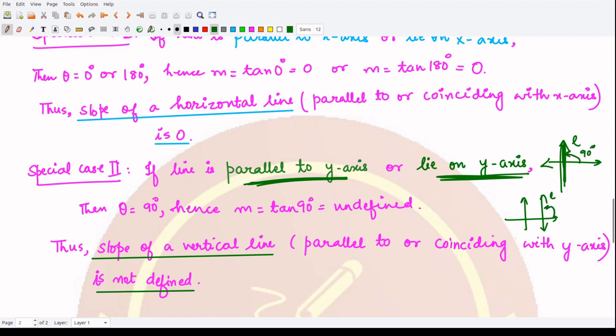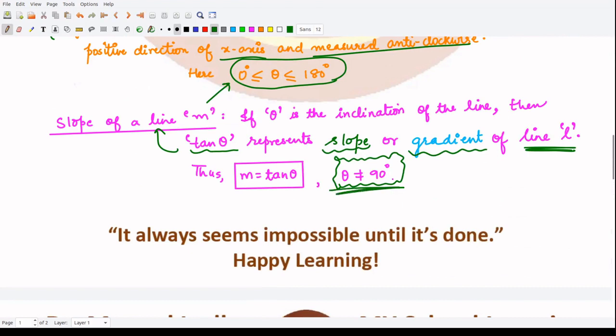Here also it would be 90 degrees. Hence you see tan 90 degrees is undefined. Hence your slope is also not defined here. Therefore the slope of any vertical line which is parallel to or coinciding with the y-axis is not defined. That is why we have this condition.